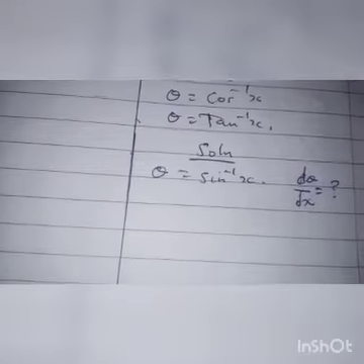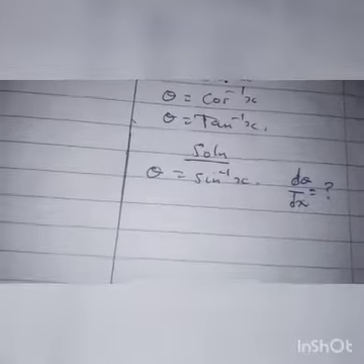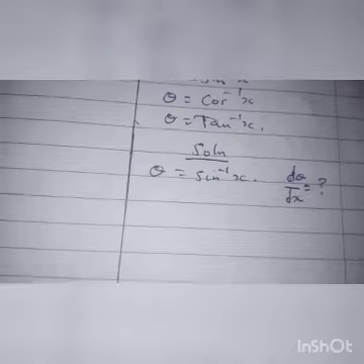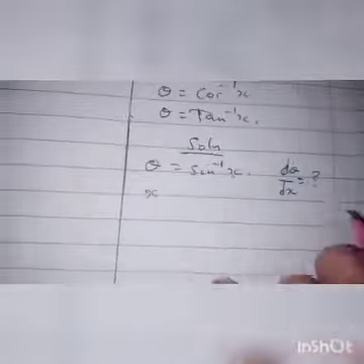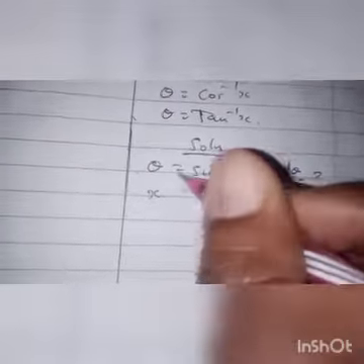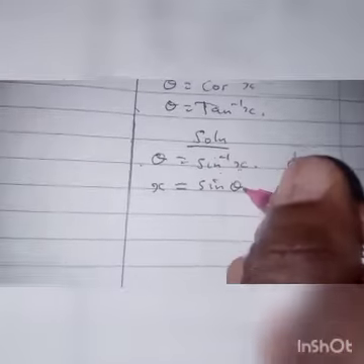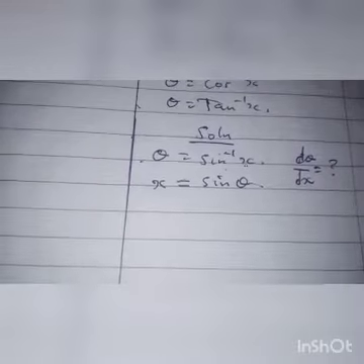In mathematics, we don't have the direct derivative of sine inverse of x. Since we don't have the derivative of that function, we can rewrite this function in this form. So shift sine inverse to the other side so that it comes back to x equals sine of theta. I think we are all together up to that point.